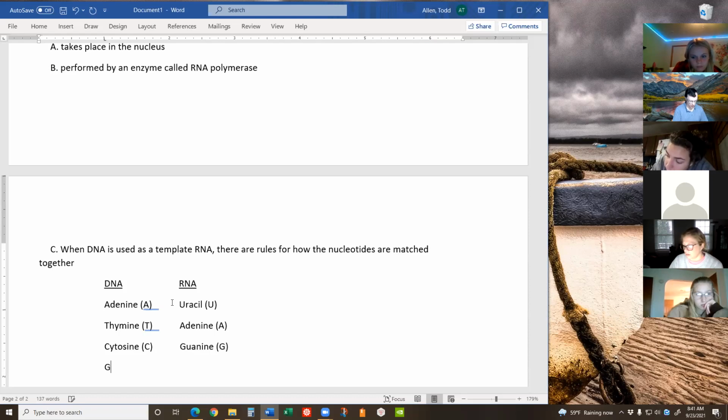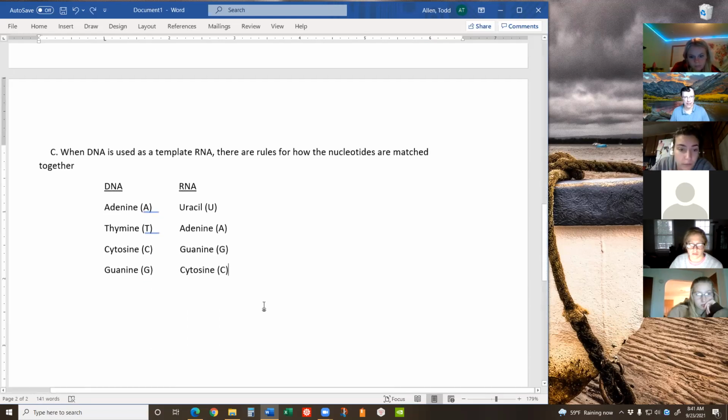If there is a guanine in the DNA, then RNA polymerase will put a cytosine in the RNA.